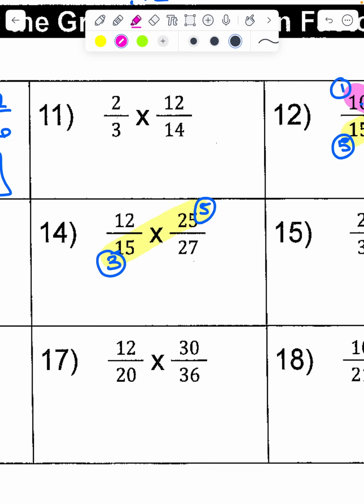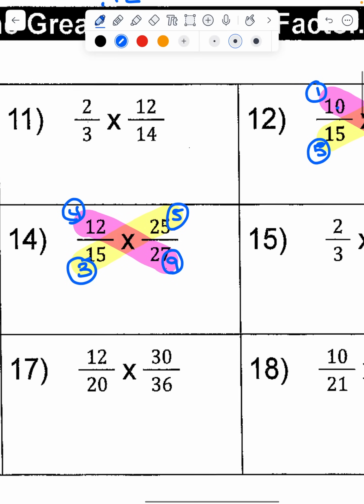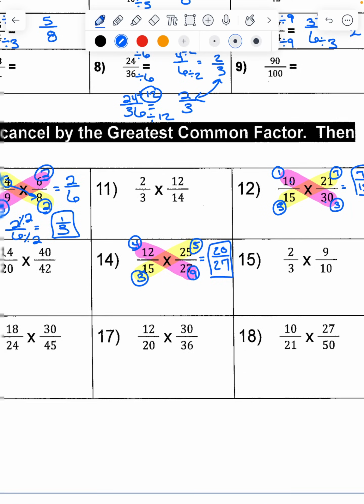Going the other way, 12 and 27, 3 goes into both of those numbers evenly. So 3 goes into 12, 3, 6, 9, 12, 4 times, and 3 goes into 27, 9 times. And then we can multiply straight across. 4 times 5 is 20, 3 times 9 is 27. So we have 20/27ths.